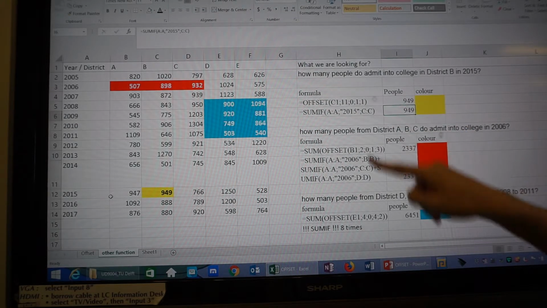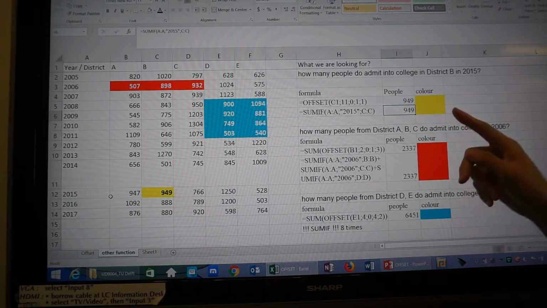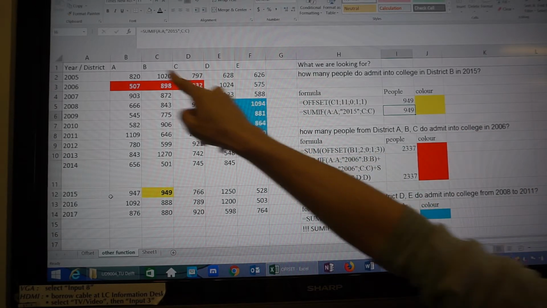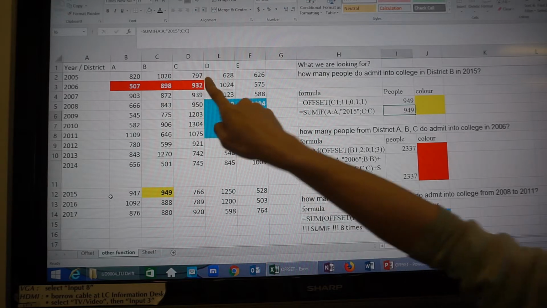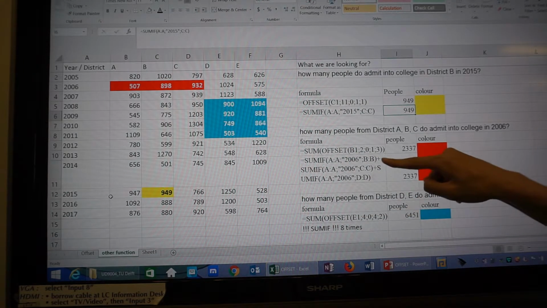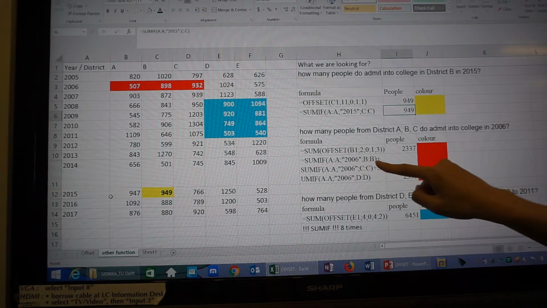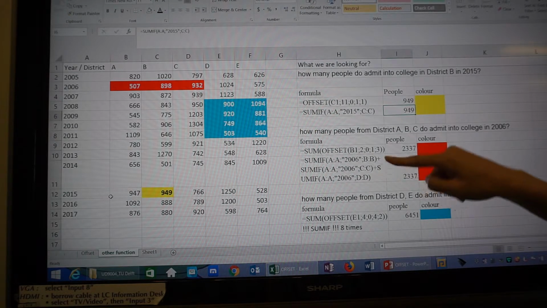However, when we are looking for data to add up, for example, the data of these red cells, you may think, oh, this is a disastrous thing. We need to add 3 times to locate, because this SUMIF is going to locate the data one by one.